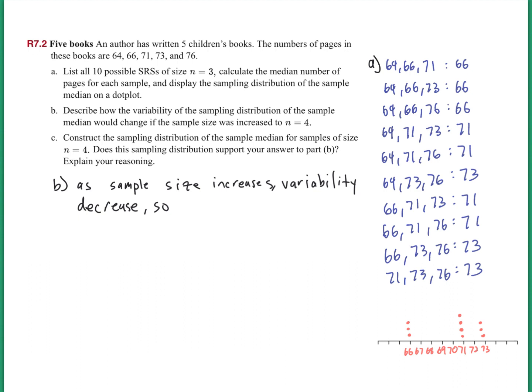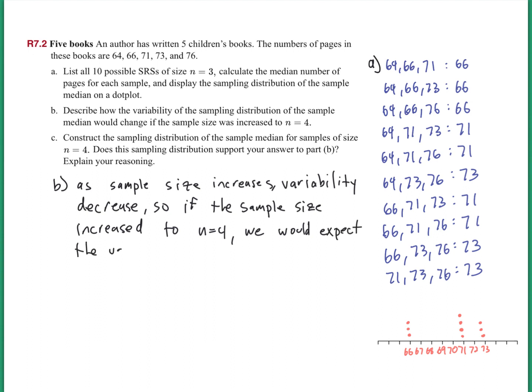So if the sample size increased to n equals 4, we would expect the variability to decrease.